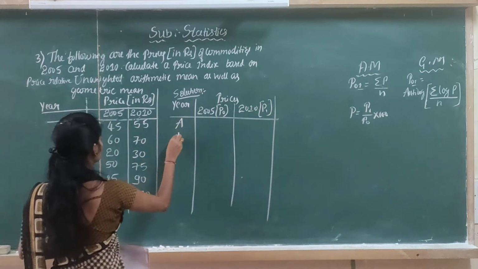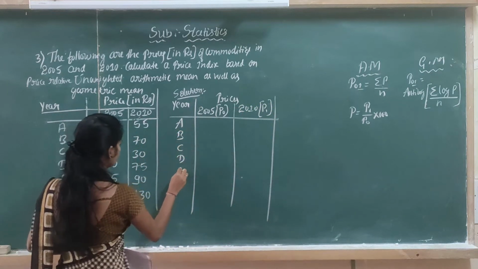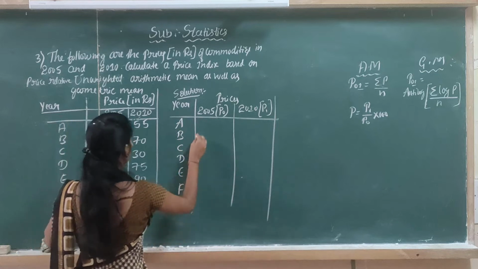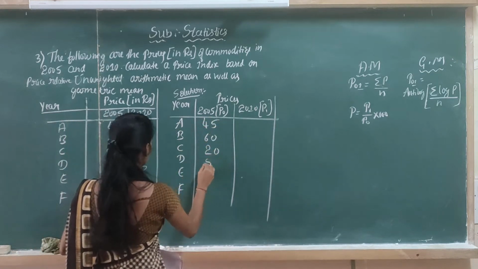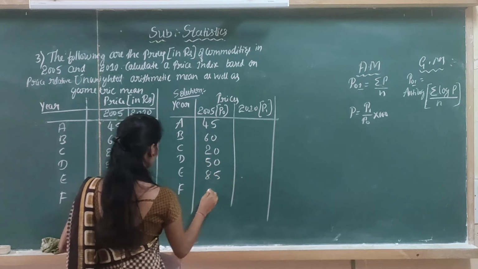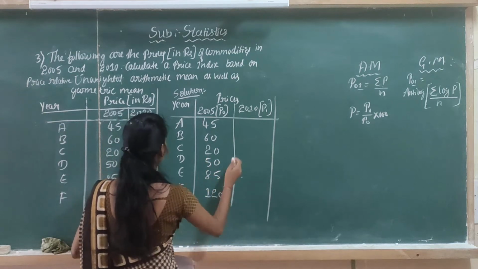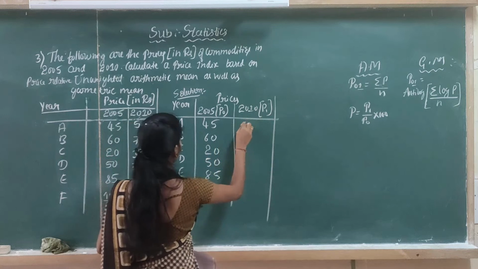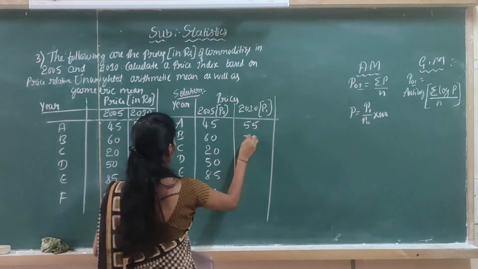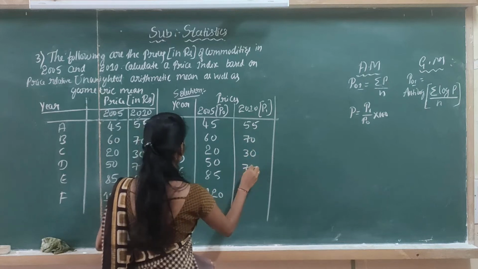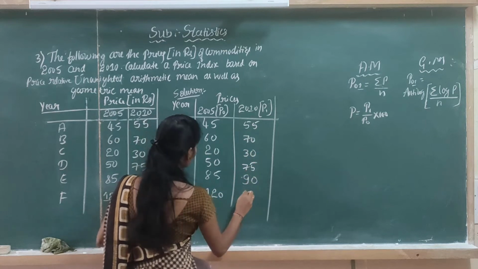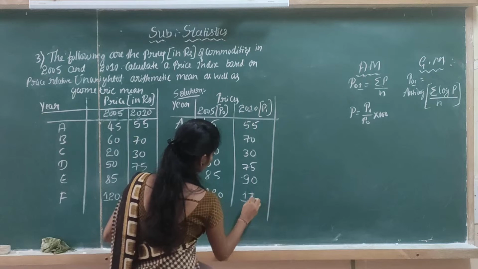The items are A, B, C, D, E, F. Then write the values 45, 60, 20, 50, 85, 120. And the 2010 values, that is P1, the current year price values: 55, 70, 30, 75, 90, 130.